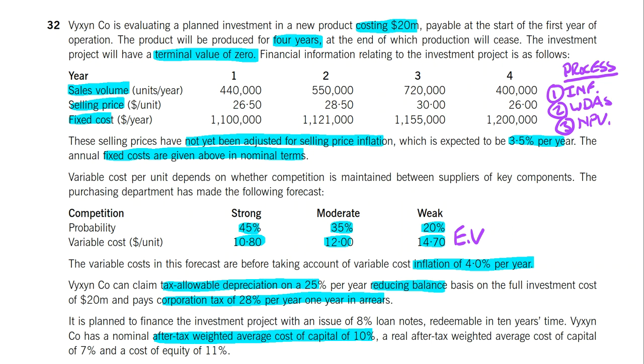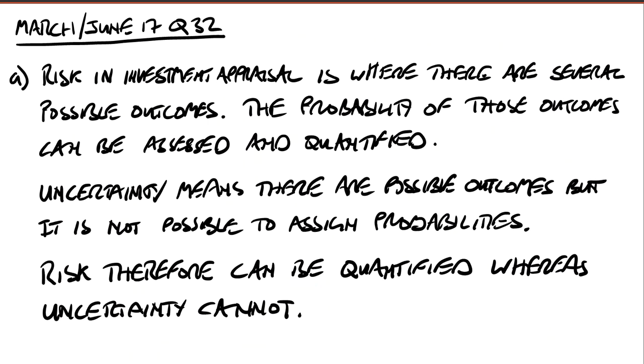We want to start with the inflation because we can pick up marks really easily, and we'll start with the sales. So we've got selling price, sales volume, and it's going to inflate by 3.5% per year. So that's going to be relatively straightforward. Let's do that first.